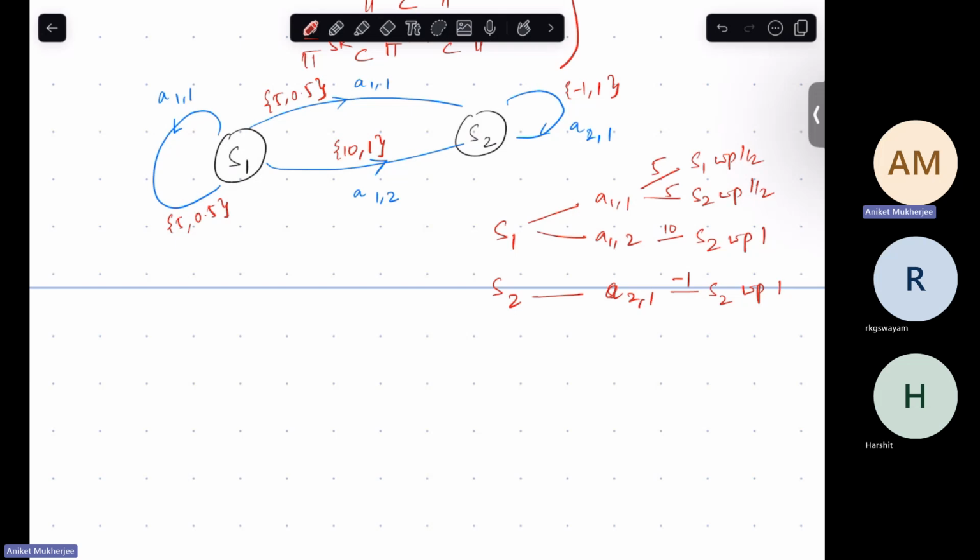I can choose A11, but there is some randomness with 0.5; I can always go to S2 directly. So this is your whole setup. You know the optimal thing is to stay at S1, but you might take an action which might not lead to the optimal solution. We are not worried about optimal policies right now. We are just worried about the different types of policies that you can see on this.